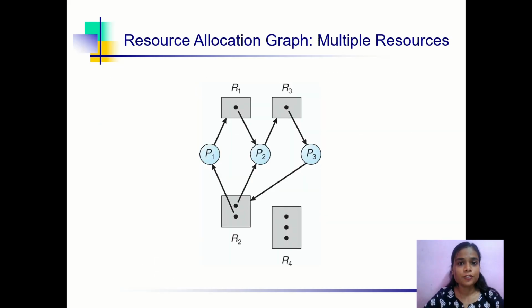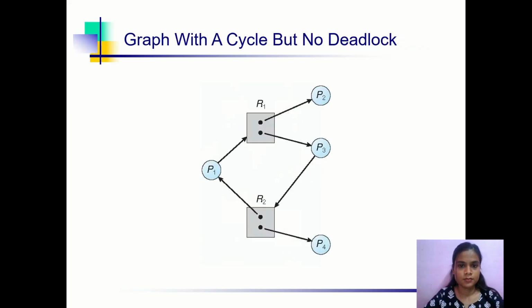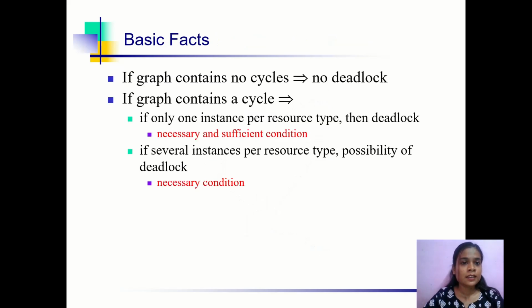It is the graph for multiple resources. Resource allocation graph for multiple resources. It is a graph with a cycle but not a deadlock. Here are the basic facts.